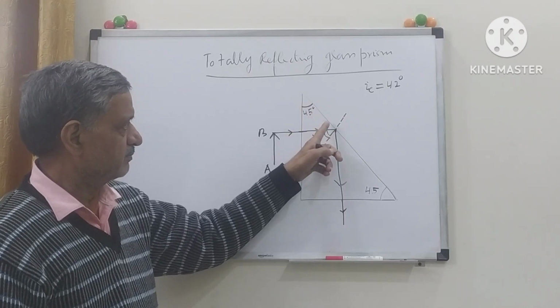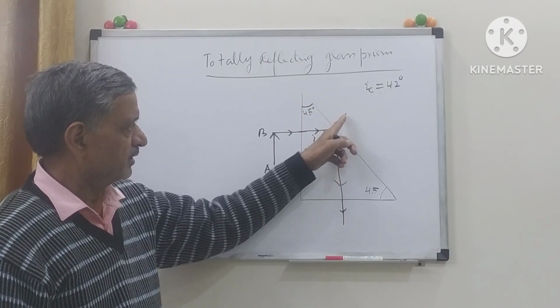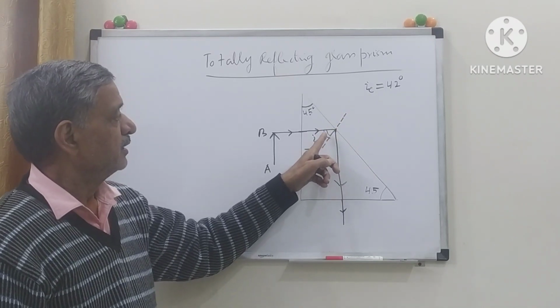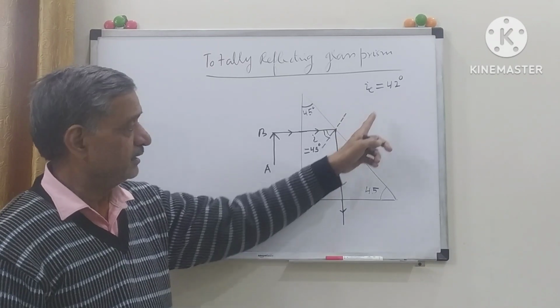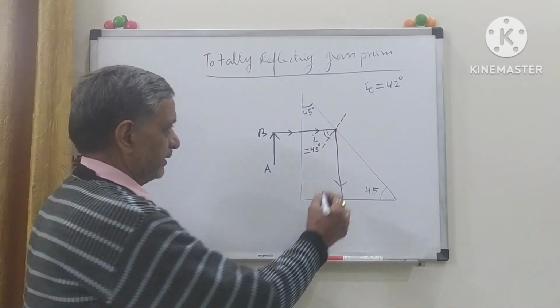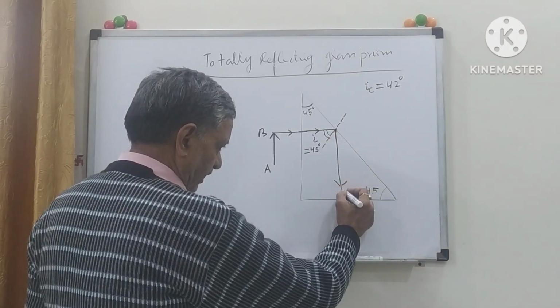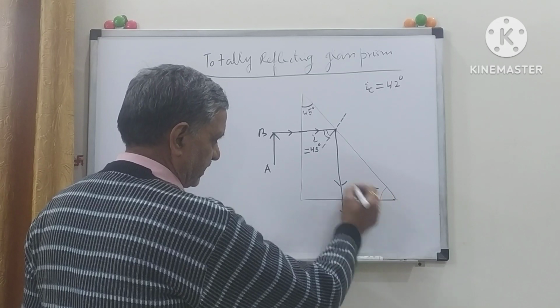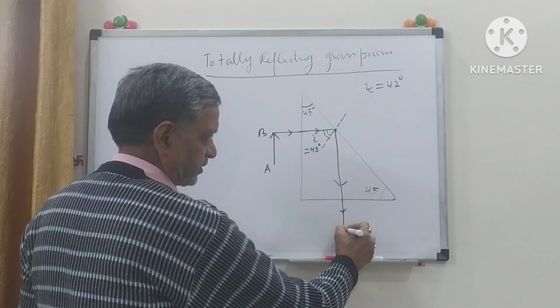If this is 45, this is 45, then this is 45, because this normal is 90 degrees. So angle of incidence I is greater than the critical angle. So total internal reflection will take place. And when the ray is reflected back, at this base of the triangle, it is normal, so it will go straight.